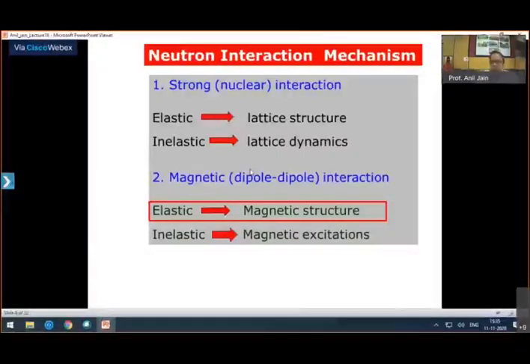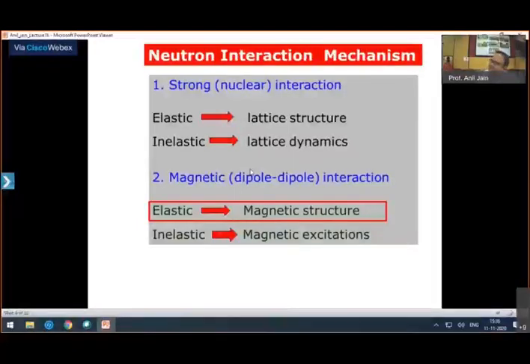Neutron-nucleus interaction: the elastic part of this interaction gives you the information about the lattice structure, meaning the density correlation, and the inelastic part gives the information about the lattice dynamics.